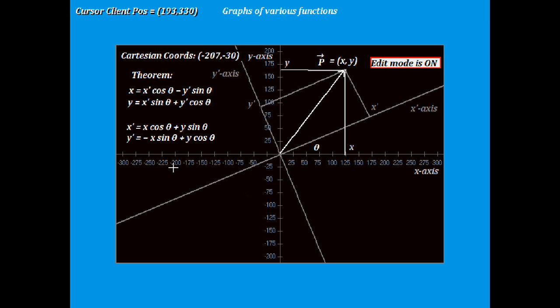Absolutely nothing to it. First off, you will note that the vector p drawn in either coordinate system as we're viewing it now overlaps, and the position p overlaps, right?